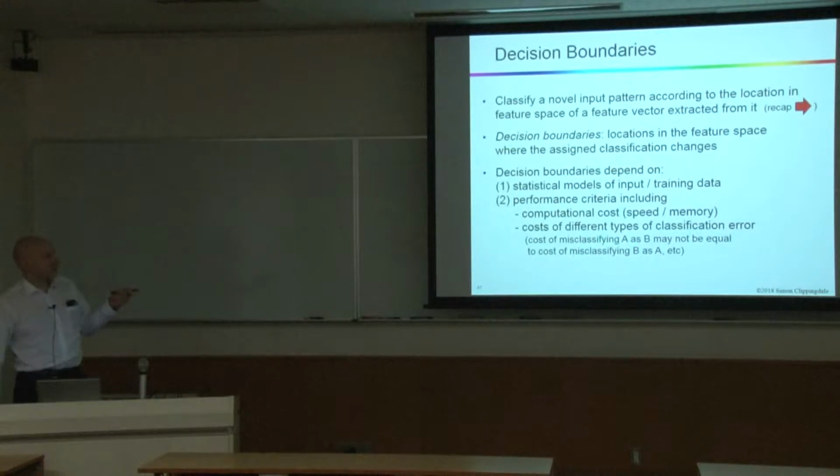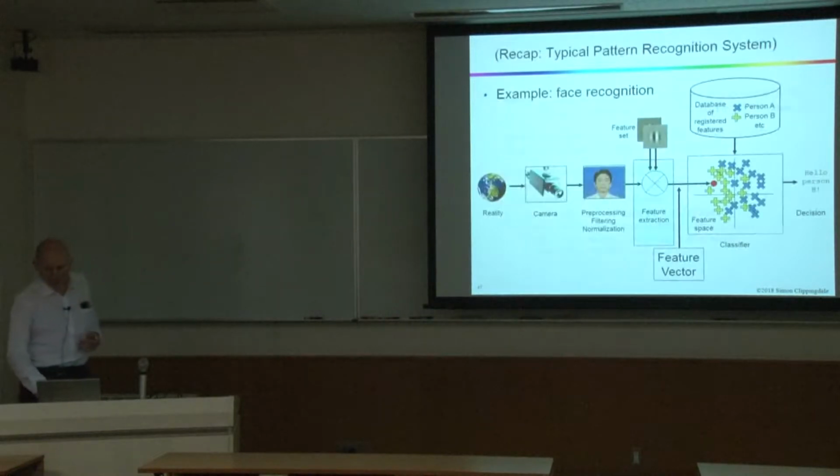The cost of misclassifying an A as a B may not be the same as the cost of misclassifying a B as an A, for example. If you let somebody into your building who isn't authorised to be there, that's probably worse than excluding somebody who should be in there, who can just phone security and get them to come and let him in.